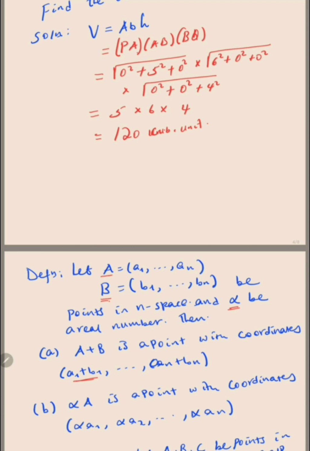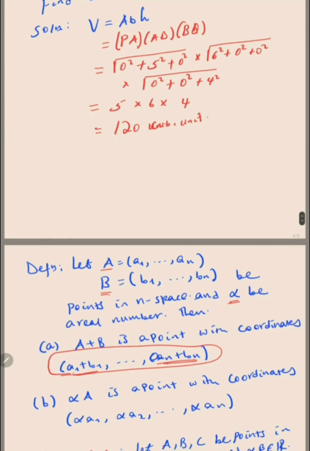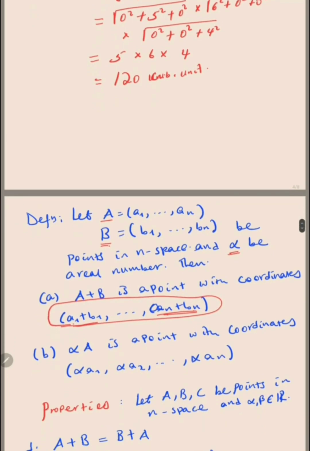We just add up each coordinate simultaneously, and the point representation of the addition of 2 points is given by this. The scalar multiplication is again given by this, which is a point, and it has this representation where we multiply every coordinate by the scalar alpha.